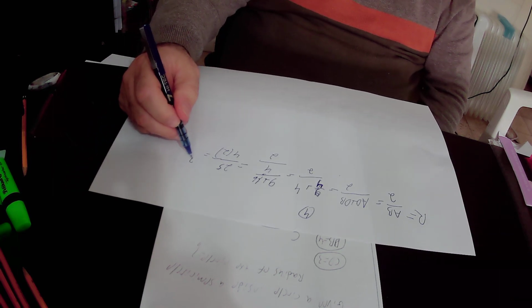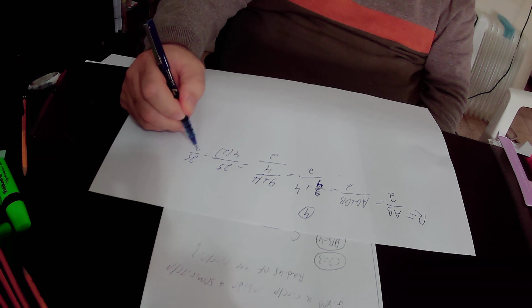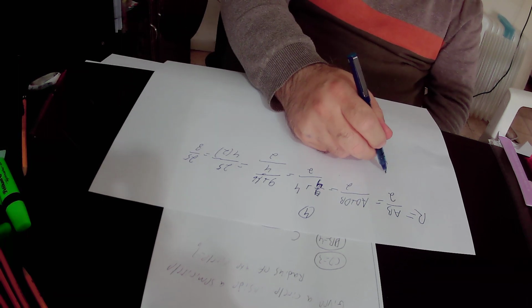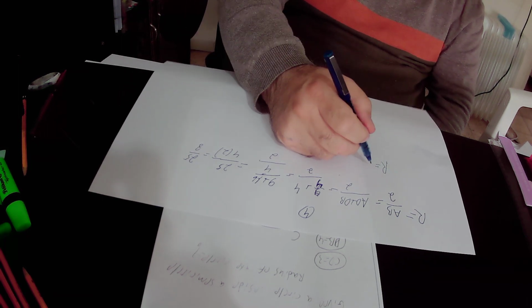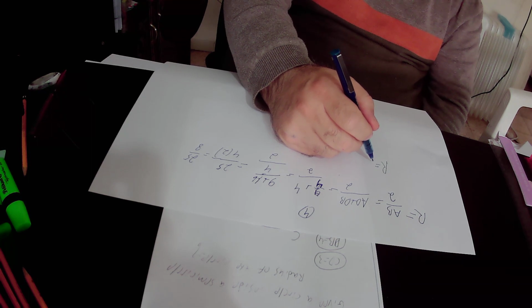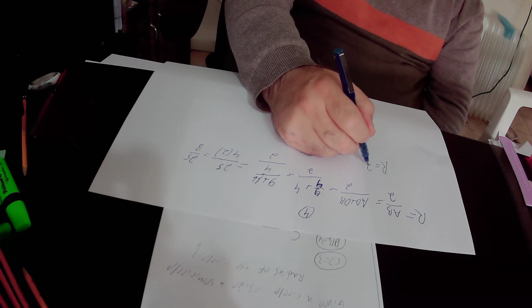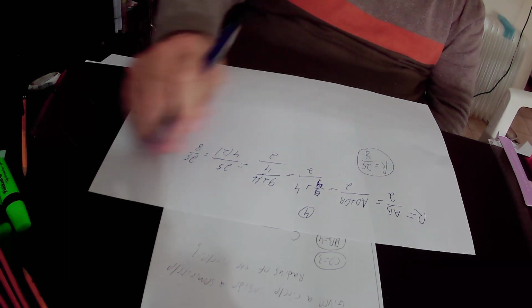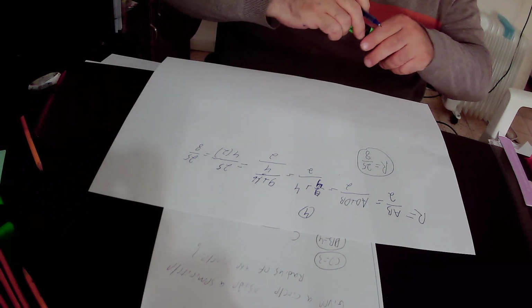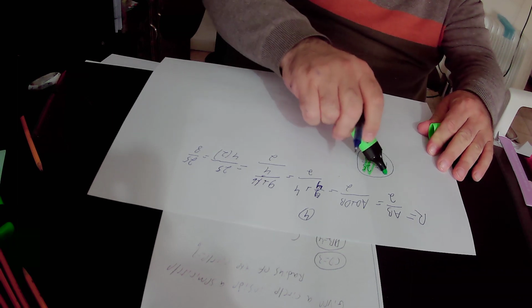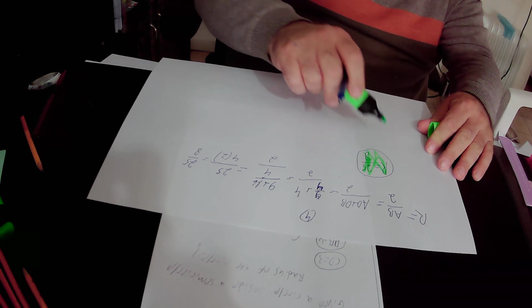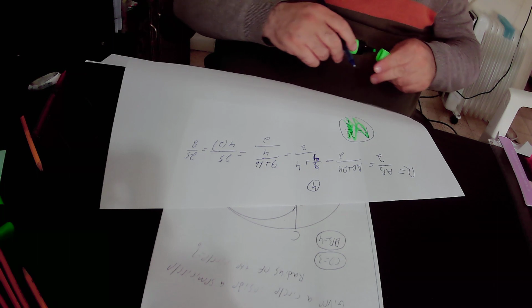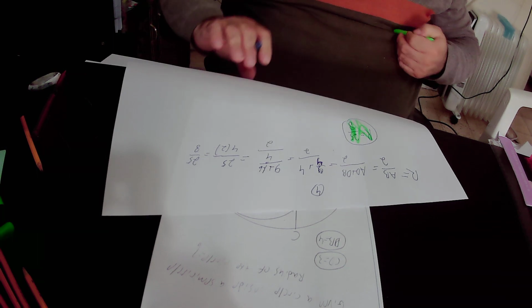So in conclusion, the radius of the semicircles and also the radius of the big circle is equal to 25 over 8 units. Okay?